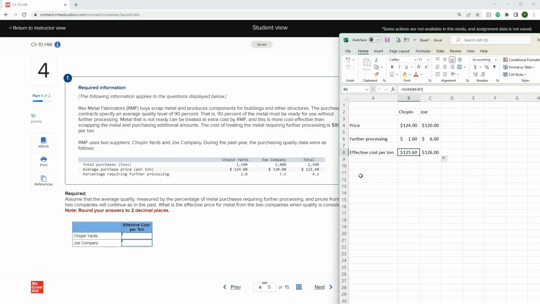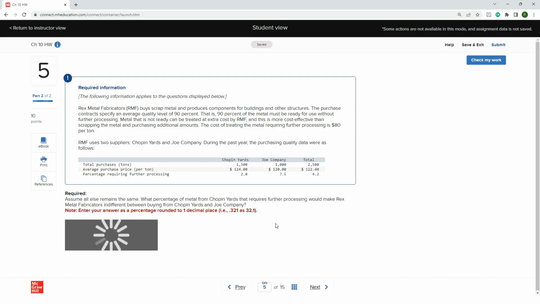Now for part B, it says, assume all else remains the same. What percentage of metal from Chopin Yards that requires further processing would make Rex indifferent? So that means that we need to figure out what the cost will be for Chopin to make it not make a difference to us.